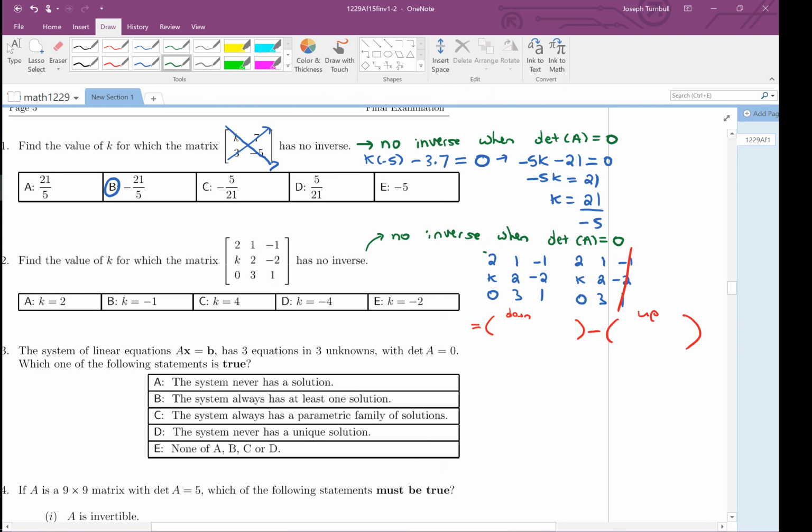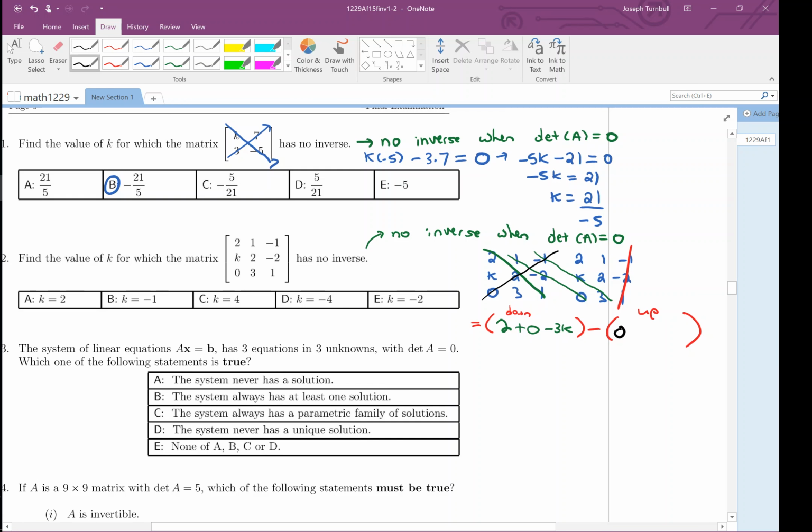So our down products, 2 times 2 times 1, we get 2. And then 1 times negative 2 times 0, we get 0. And then negative 1 times k times 3, we get negative 3k. Now for the up products, we have 0 times 2 times negative 1, which is 0. 3 times negative 2 times 2, so that's negative 12. And then 1 times k times 1, that's plus k.